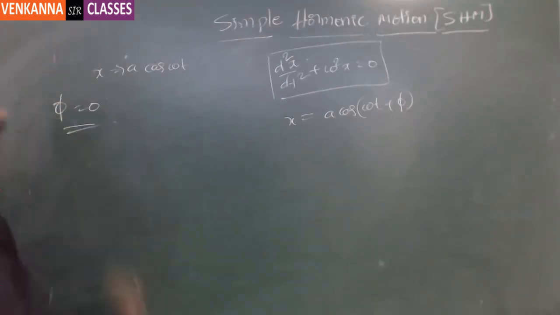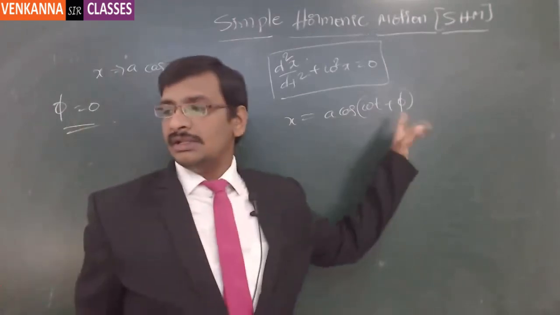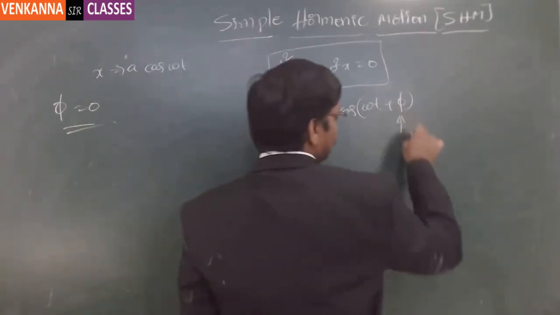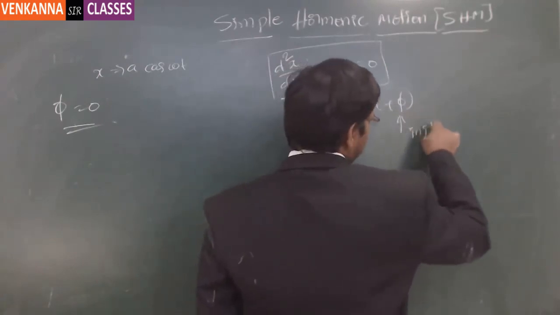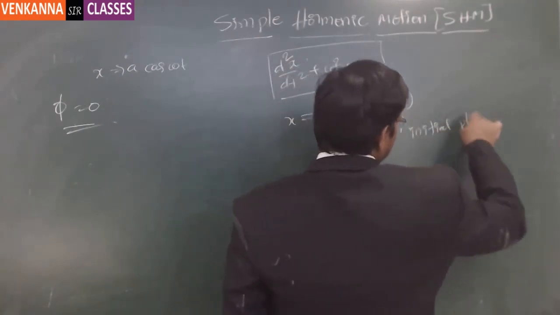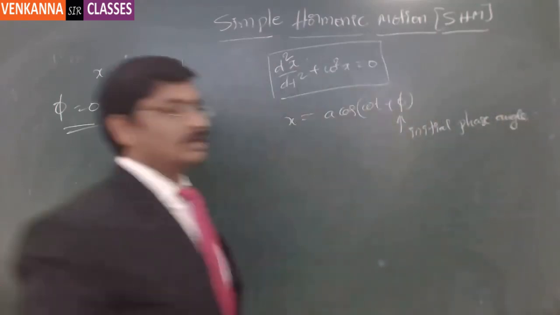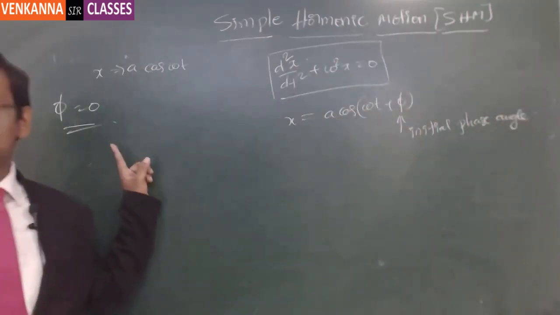But to make a more generalized analysis, you can treat it as a constant, and this value is called the initial phase, or initial phase angle. In our case, the initial phase angle is 0.